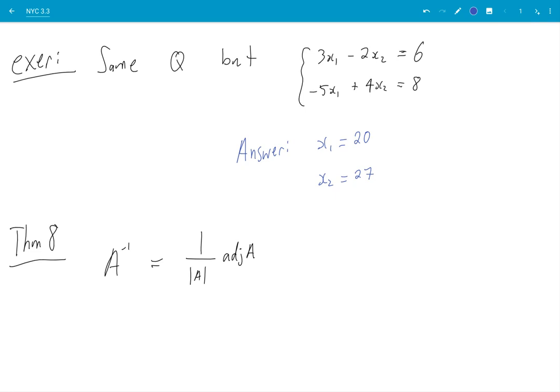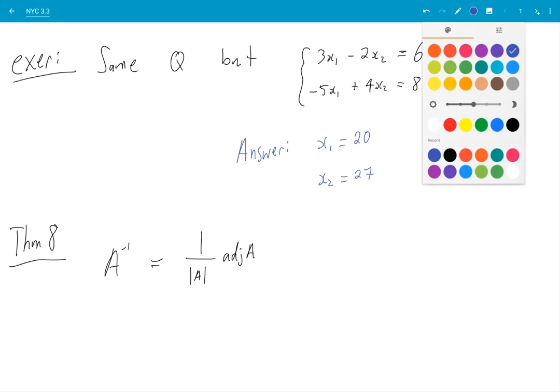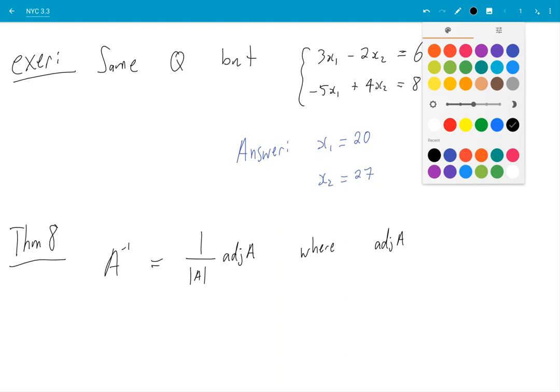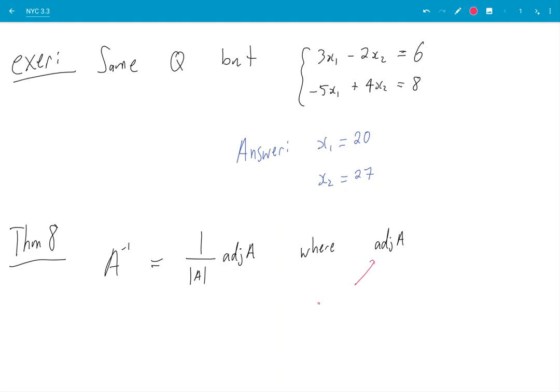So what is that? Let's show you where the adjugate of A is. Adjugate, spell that, adjugate of A. So what we're going to do here is use our cofactors, Cij.